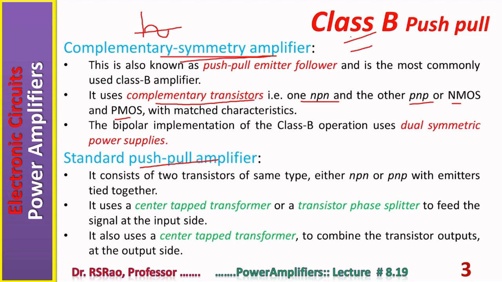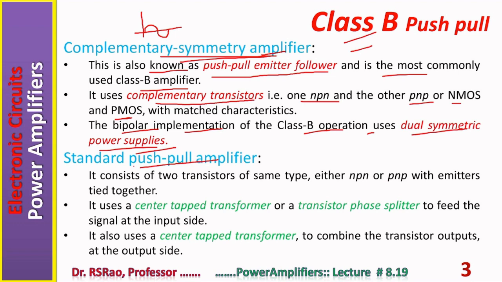One transistor is NPN, other is PNP, or one is NMOS, another is PMOS, in complementary symmetry amplifier. This is also known as push-pull emitter follower and is the most commonly used class B amplifier. The bipolar implementation of class B operation uses dual symmetric power supplies.